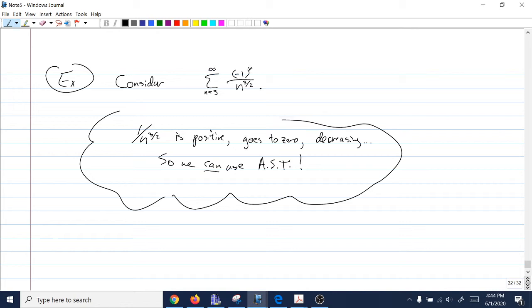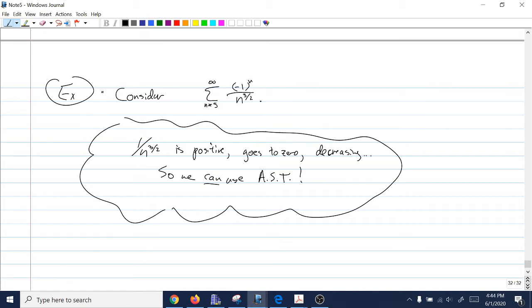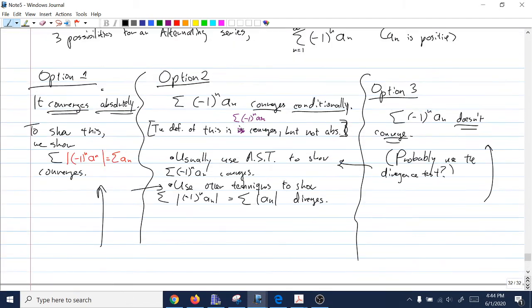The alternating series test will tell us it converges. And that'll answer it. No, that doesn't answer it. That'll tell us that it converges, but it won't tell us if it converges absolutely or conditionally. If it converges absolutely, the alternating series test was worthless. If it converges conditionally, then we probably did need to use the alternating series test, but I shouldn't start writing that out until I've worked out if it converges absolutely or not.